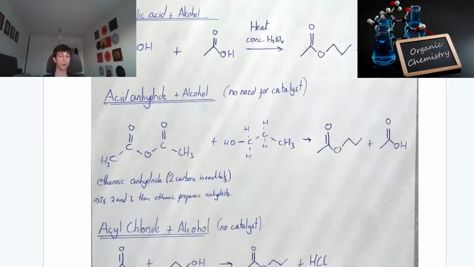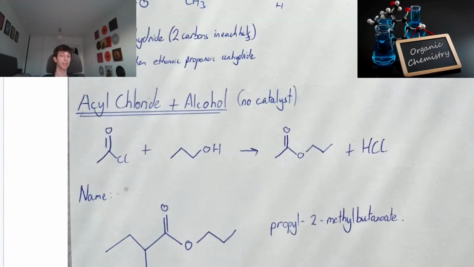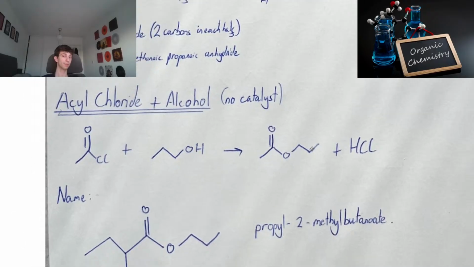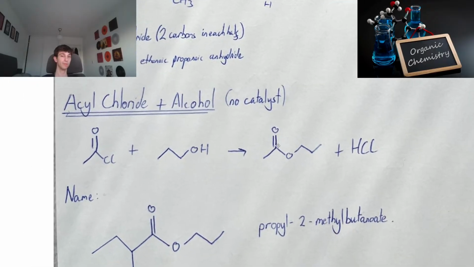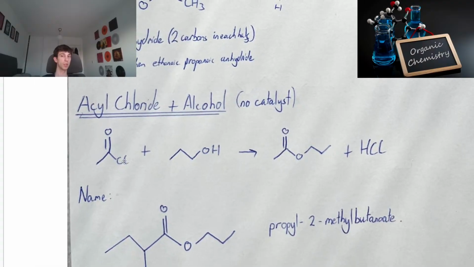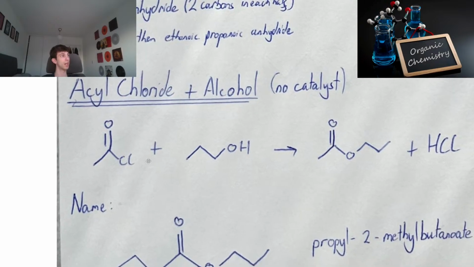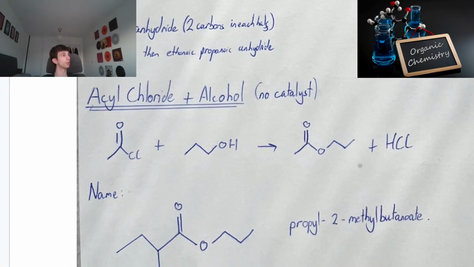So acyl chloride plus an alcohol: this is just ethanoyl chloride plus propanol, and then we have our ester, which will be propyl ethanoate, and then we have our HCl. Because what do we get rid of? We get rid of that chlorine. Same thing as before, guys. Whatever's on this part of our carboxylic acid, we remove, and we remove that single hydrogen from our alcohol. So that's H and Cl, we get HCl product.